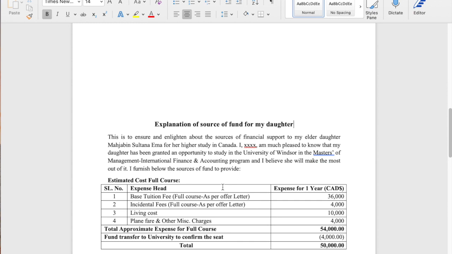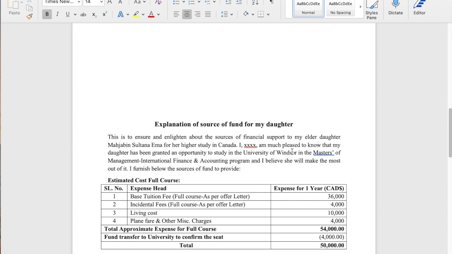So when you are writing this letter, make sure you have the CA evaluated documents in your hand, as well as any asset transfer documents, any notarized documents.